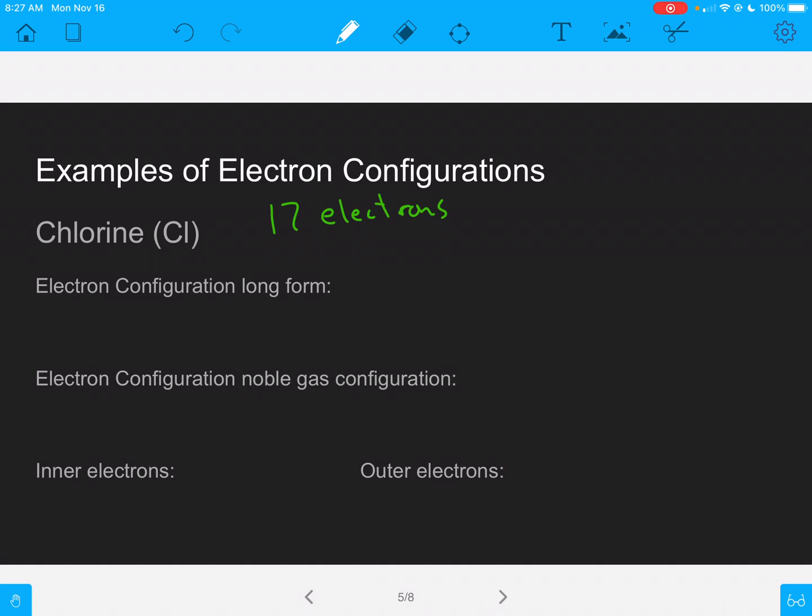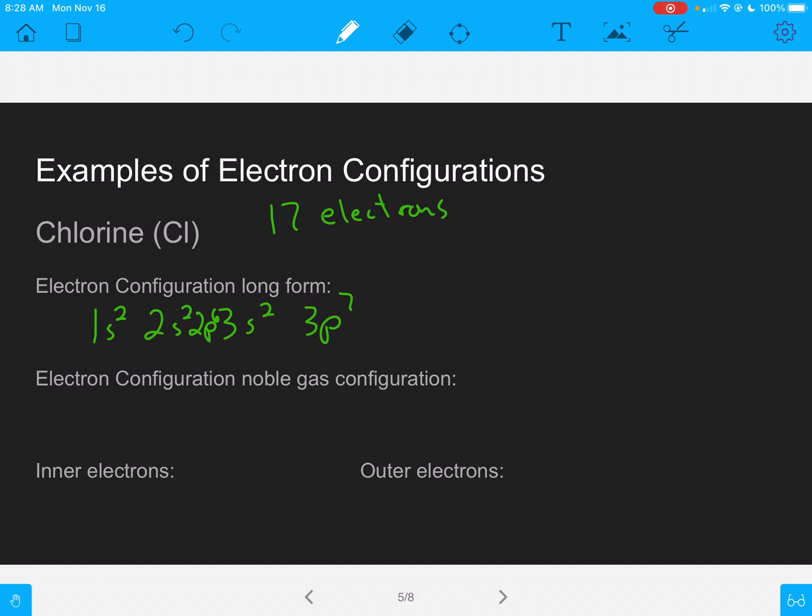It's got 17 electrons. So that's going to be 1s2, 2s2, 2p6. I forgot that. So there's 10. It's hard to do it without a periodic chart in front of me too. 3s2, and then 3p5.